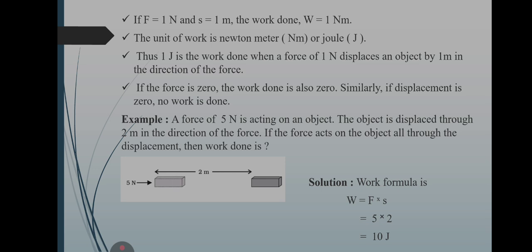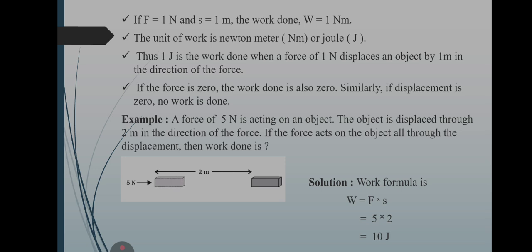You apply 1 Newton force and the object is displaced by 1 meter, and this defines 1 joule. If the applied force is 0, then the work done is also 0. Similarly, if displacement is 0, then no work is done.